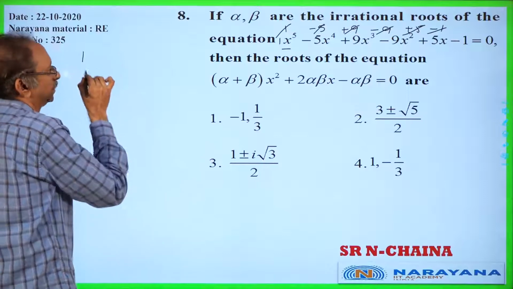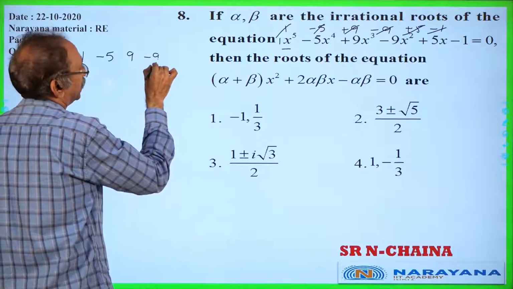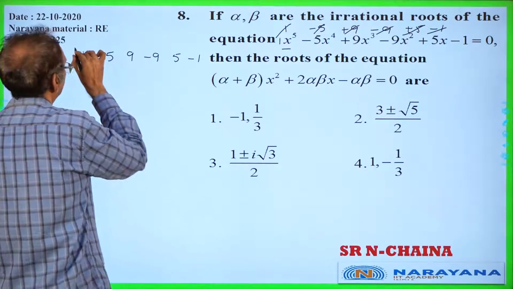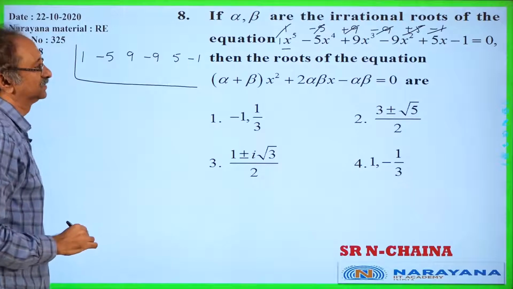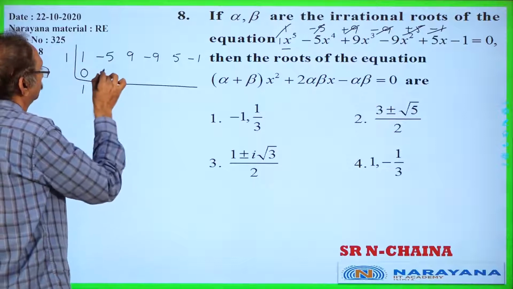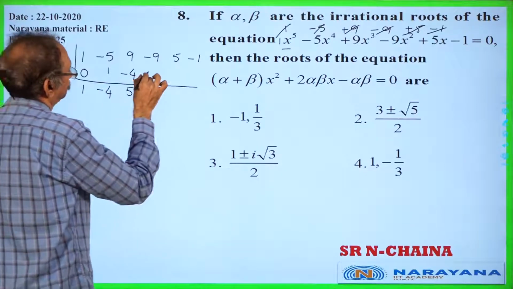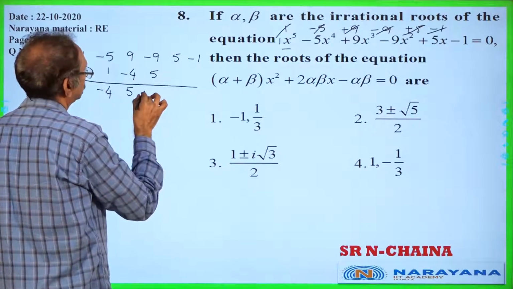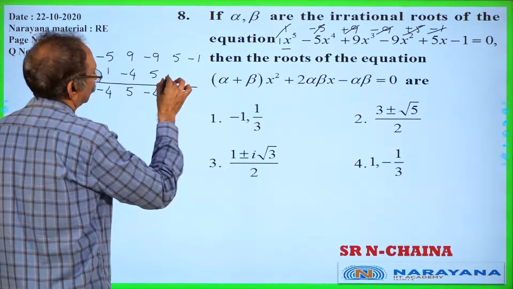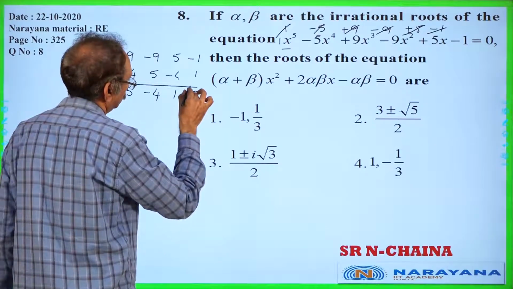See what are the coefficients? 1, minus 5, 9, minus 9, 5, minus 1. So what is the root here? 1. So write that 1 here. 0, 1, 1, minus 4, 5, minus 4, 1, 0.